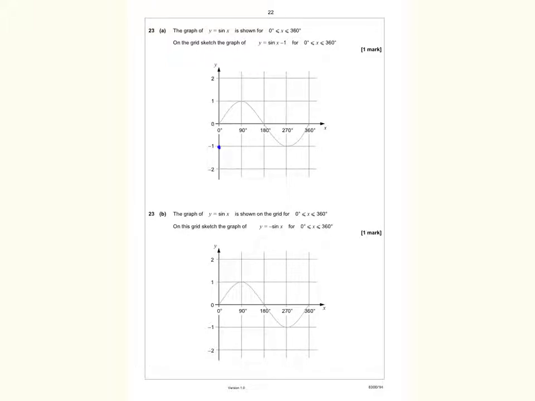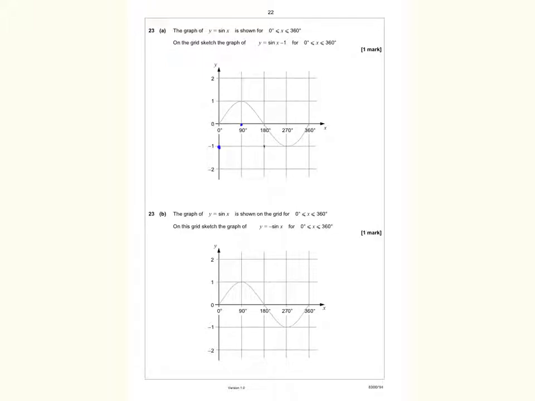Then we have sine x again, so sine 90 is 1, but if I take away 1, it comes to 0. So that will be 0. Next point, here sine 180 is 0. If I take away 1, it's going to come here. And I can see that here sine 270 was negative 1, take away 1 will come here, and so on.